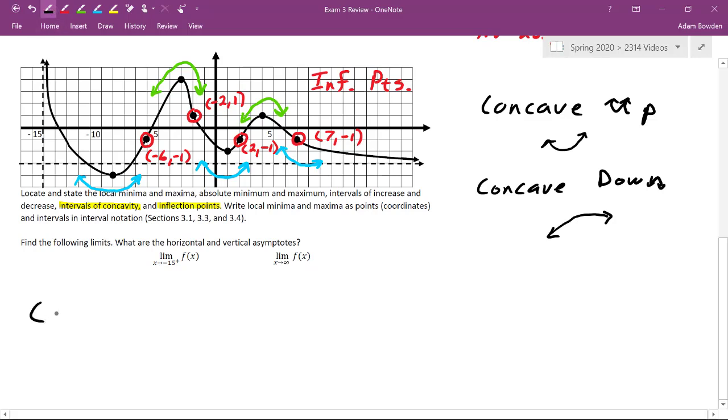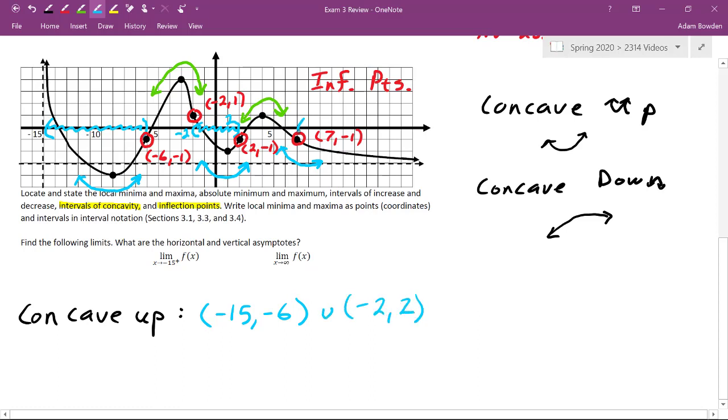So we'll say this is concave up between -15 and -6. Also between -2 and 2, it's concave up.